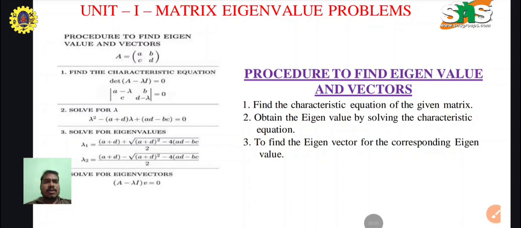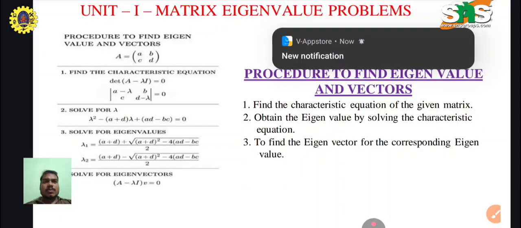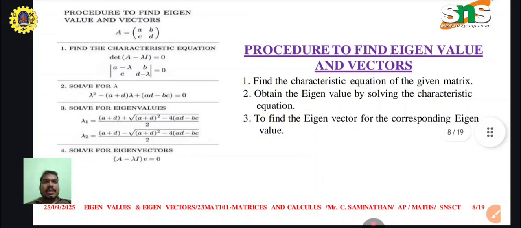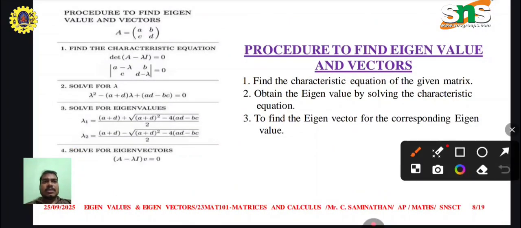Let us see one example. Consider A equal to [a b; c d]. Finding the characteristic equation means determinant of A minus lambda I equal to 0. Therefore, determinant of this matrix A minus lambda I equal to 0.